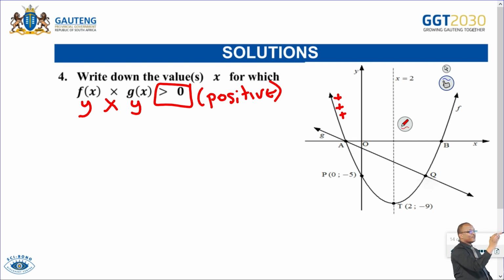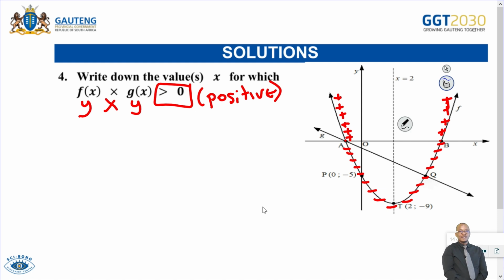From 0 going up we have positive values. We have positive values up until A. Then from there the y values start to be negative. So now, from B now, the y values start to be what? Positive. Right?